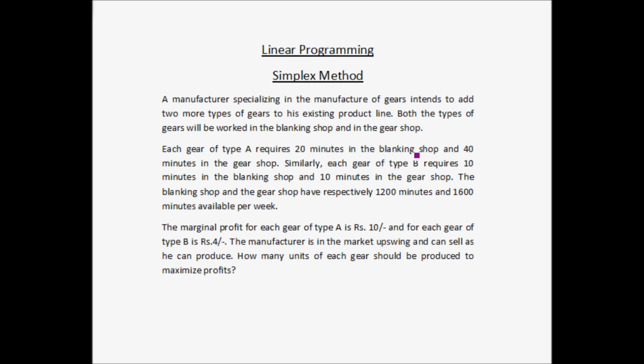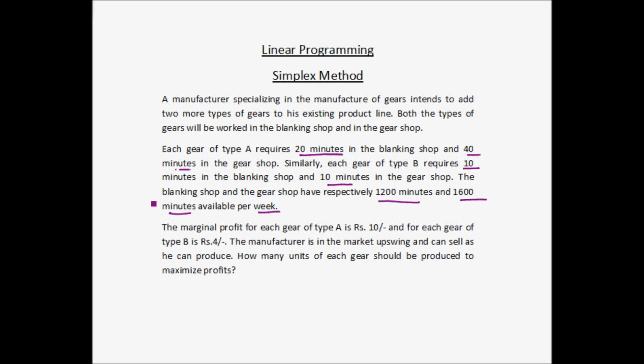Now each gear of type A requires 20 minutes in the blanking shop and 40 minutes in the gear shop. Similarly, each gear of type B requires 10 minutes in the blanking shop and 10 minutes in the gear shop. Now the blanking shop and the gear shop have respectively 1200 minutes and 1600 minutes available per week.